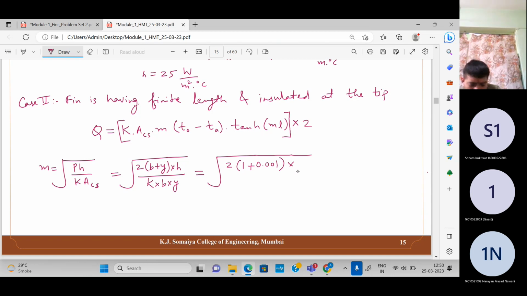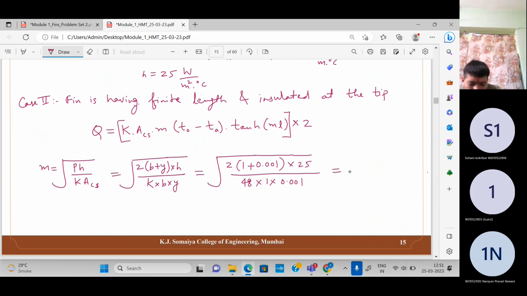What is the value of h? 25, divided by thermal conductivity, which is given as 48, into 1, into 0.001.